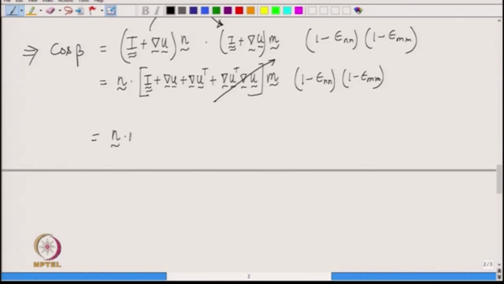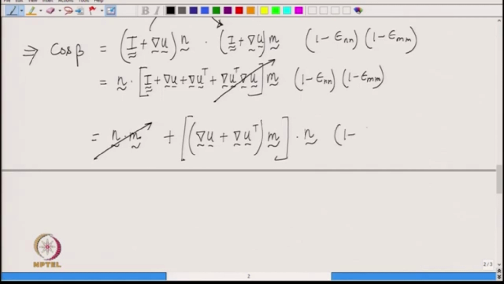So, we have n dot m, but this goes away because they are perpendicular, plus grad u plus grad u transpose times m, and then we further dot it with n. Okay. And we also have into 1 minus epsilon n n into 1 minus epsilon m m.